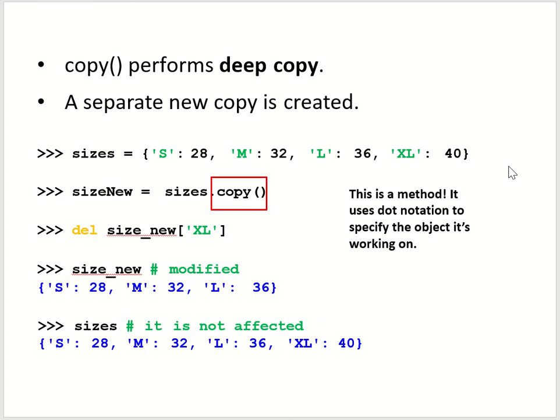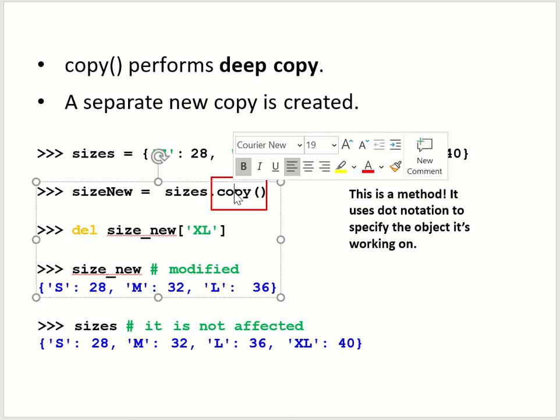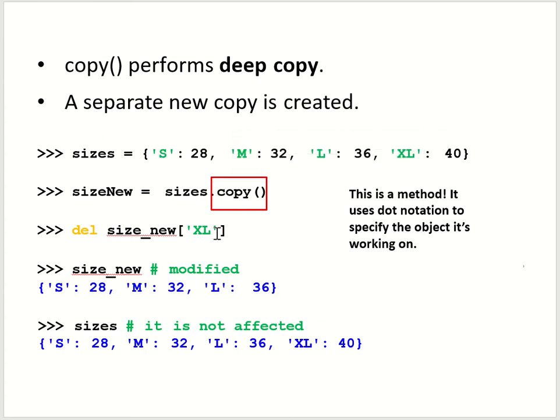It doesn't make sense when the order can change. So there's a built-in function, a method, called .copy. So you could write sizes_new equals sizes.copy if you wanted to create a deep copy. So now if you delete one of the items in sizes_new, it only affects sizes_new, and the original is not affected.